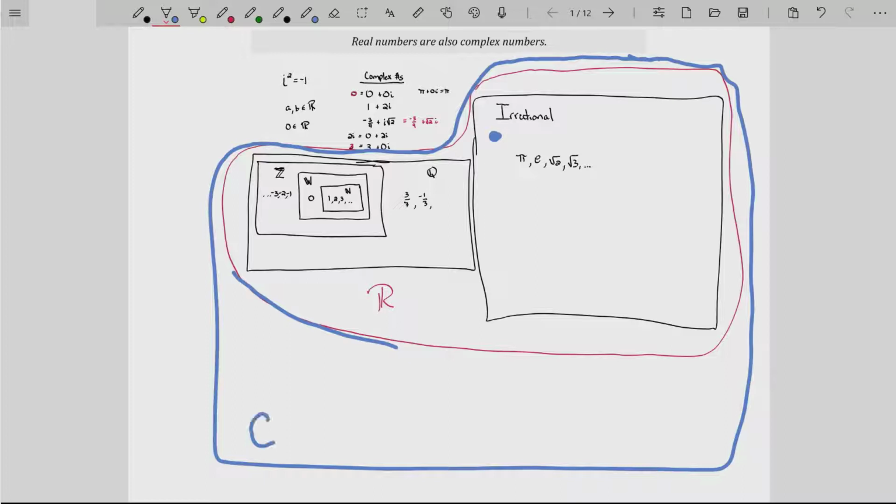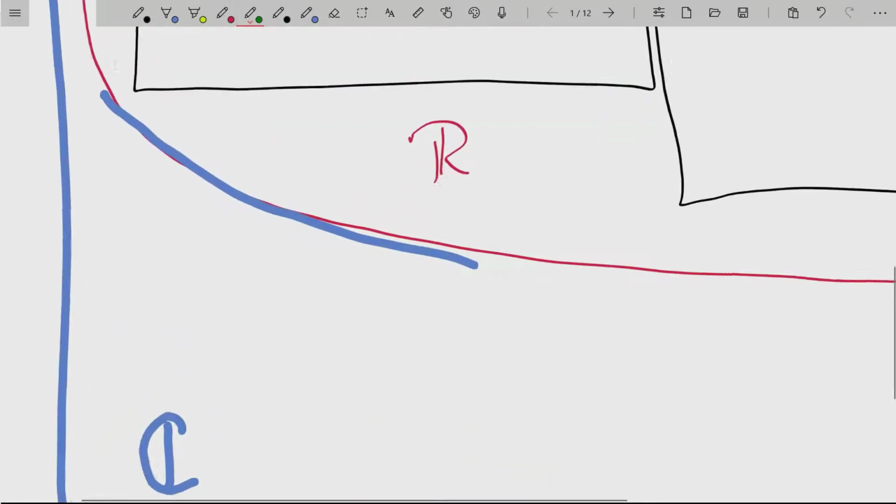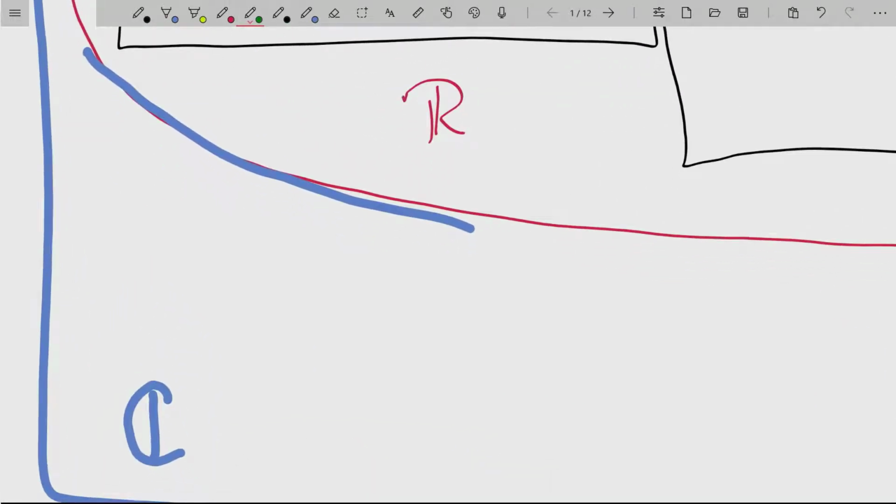I'll use a C for that. And outside of the real number part of it are going to be complex numbers with non-zero imaginary parts. So for example, 3i is in there, and 1 minus root 2 times i, and 2 minus i, that type of thing.